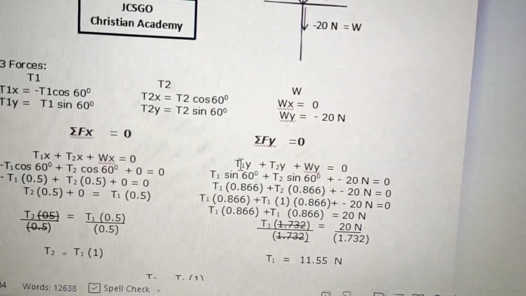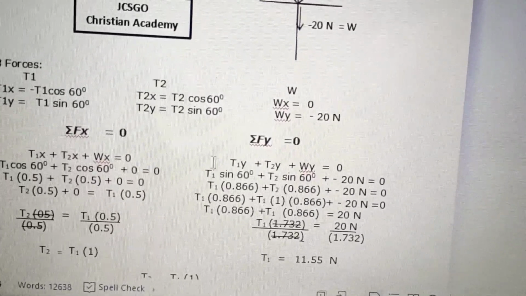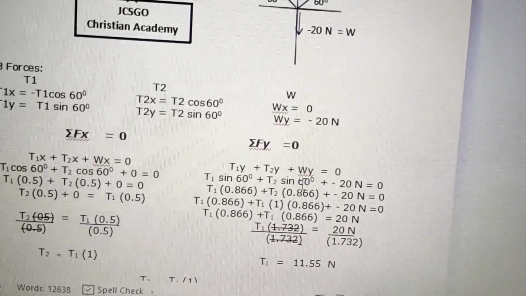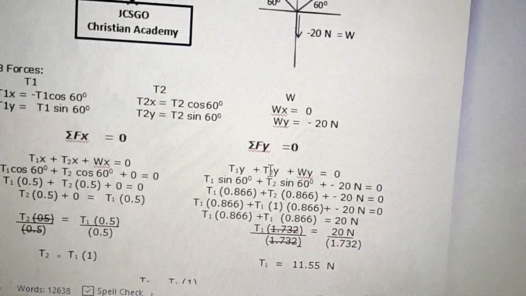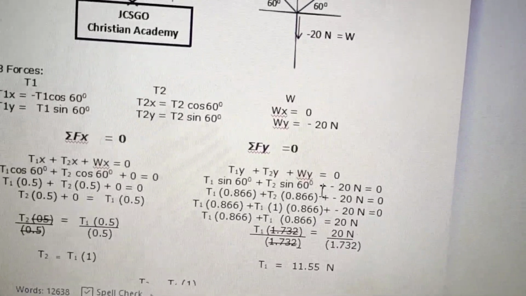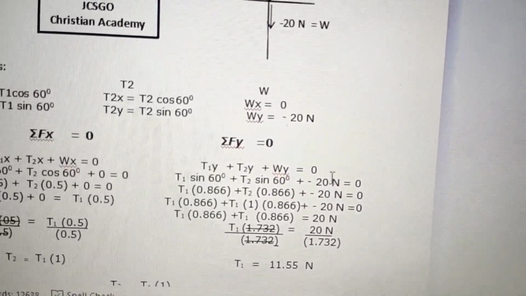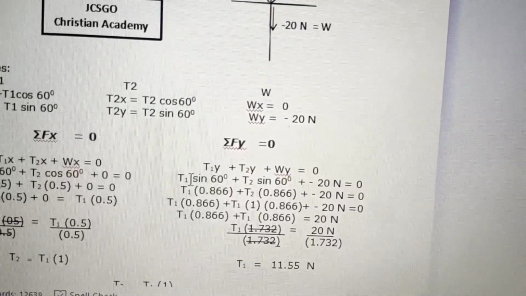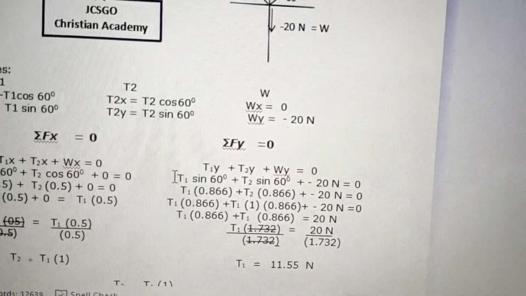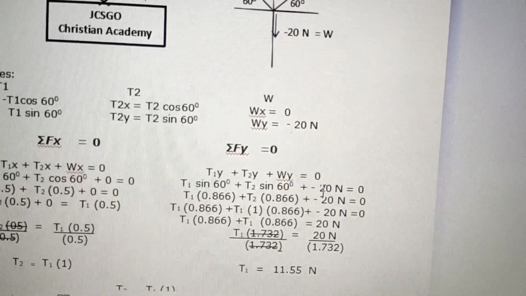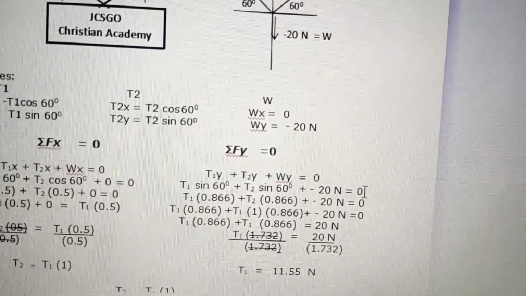So the value of T1y is T1 sine 60 plus T2 sine 60 degrees, because that's the value of T2y, plus negative 20 newtons, that's the value of our Wy, is equal to 0. So in finality, T1 sine 60 degrees plus T2 sine 60 degrees plus negative 20 newtons is equal to 0.